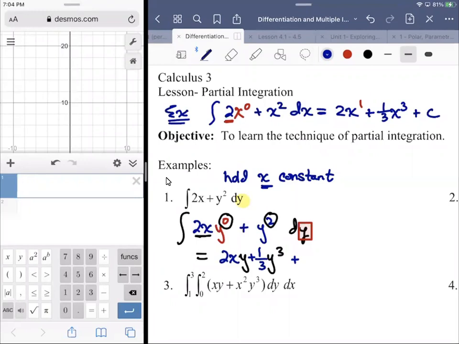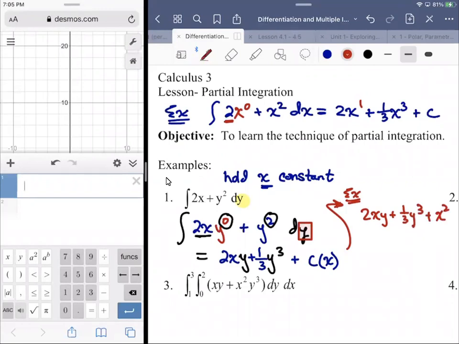So I don't want to say c, I want to say c of x, right? Because it could actually be an entire function of x. So for example, you might have something like 2xy plus 1/3 y cubed plus x squared, keeping it simple, all right?